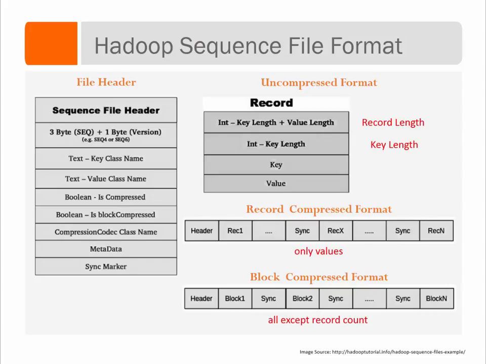And then the block compressed format, you have everything except the record count. So here we have the header, the block, the sync, then the next block, sync, etc., through the sync to the block N, or whatever number you have there. If there's 100 entries, it's block 100.